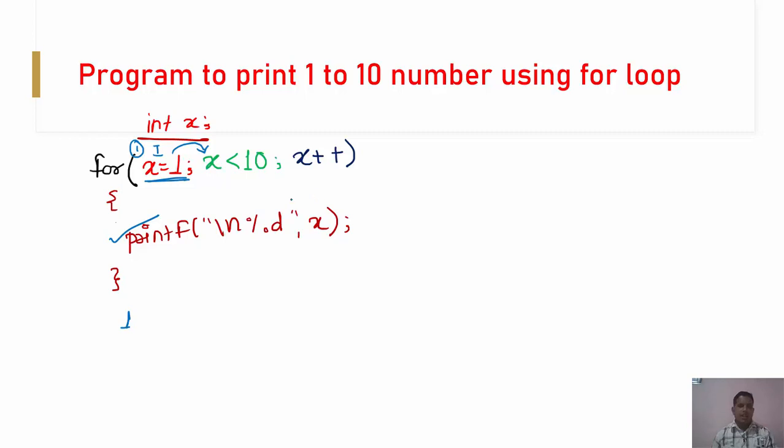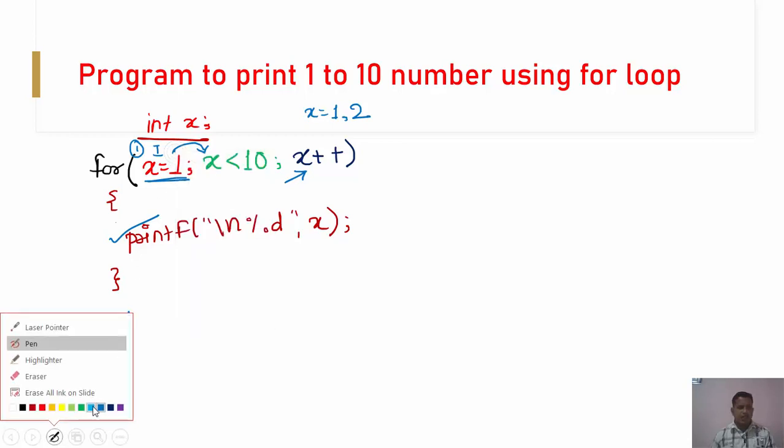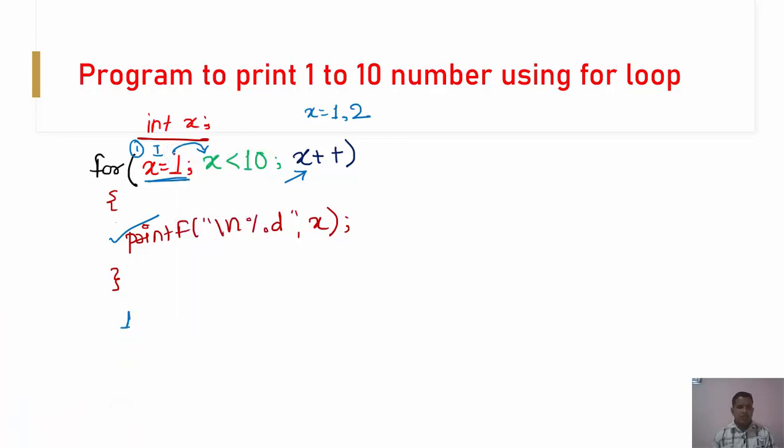After this completion, it goes to expression 3 to update the value. The new value for x, earlier it was 1, is now 2. Just try to get this flow. First this is the first activity, then it moves from expression 1 to expression 2, expression 2 to this set of statements, and then the updation.